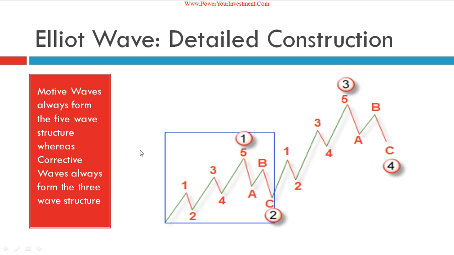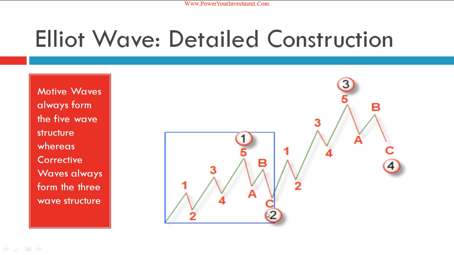If you get this basic concept correct at this stage, then at later stages it's going to help you tremendously. Okay? So what we have seen is that one larger degree wave 1 subdivides into smaller degree 5 waves. Okay?